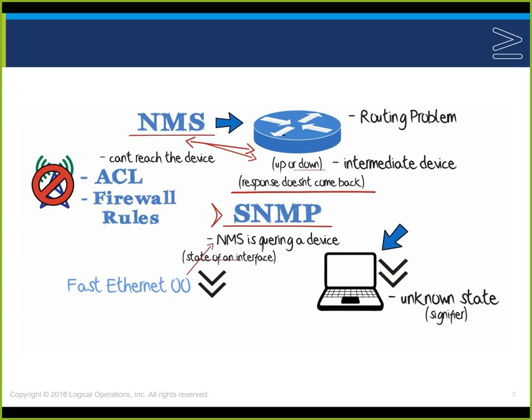The network management system says that we have a routing problem, up or down. Response doesn't come back. SNMP can query the device and it may give us an answer back. And in this case, it says that FastEthernet 0/0 is down. So that would explain our routing problem.